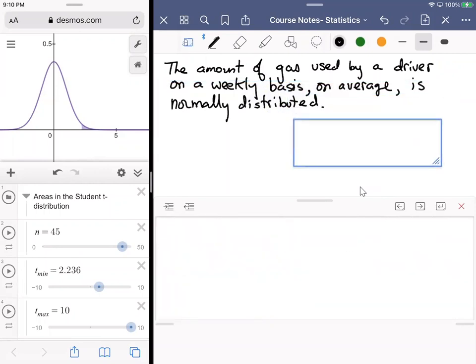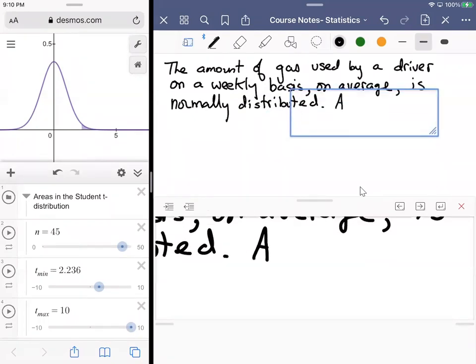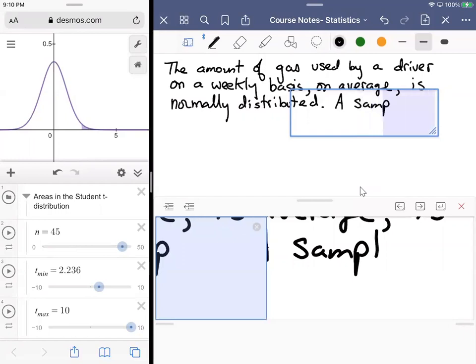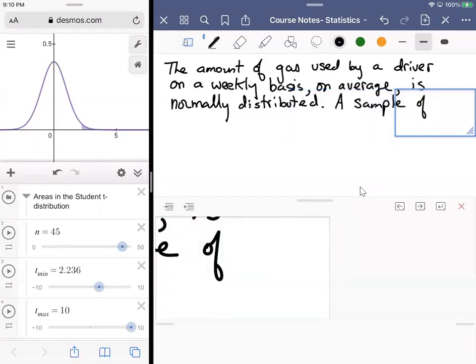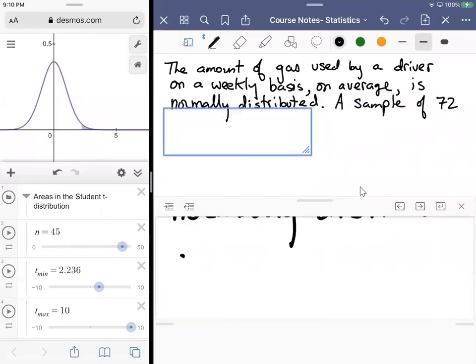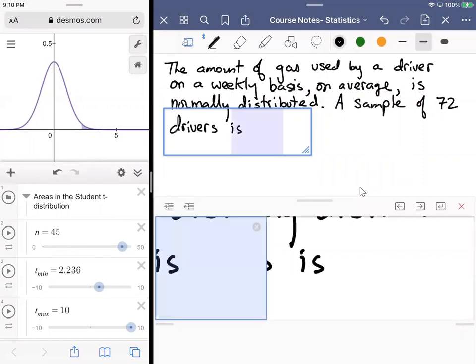A sample of 72 drivers is selected at random.